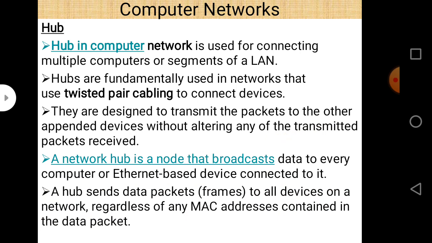It means it broadcasts the data. So those devices also get the data which they are not interested in. So that is basically a disadvantage of hub.